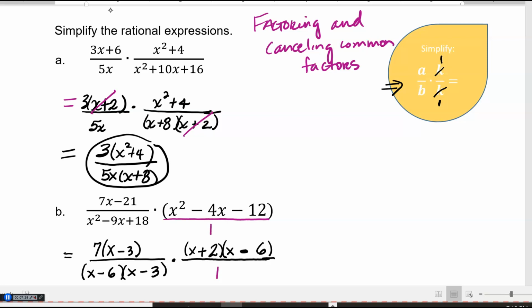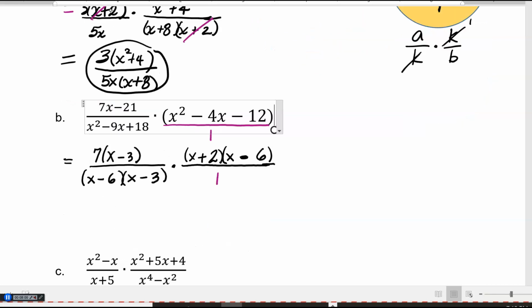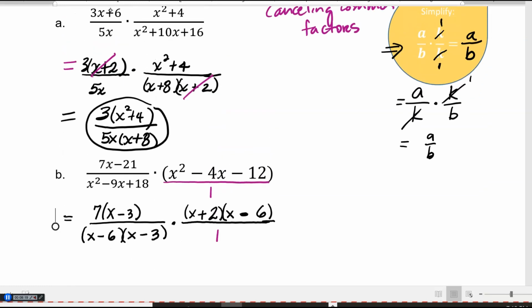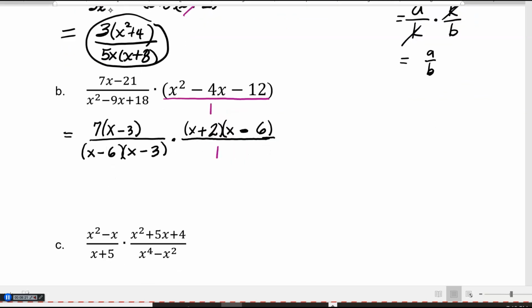K divided by k is 1. So the final answer is A over B here. It doesn't have to be A over K times K over B to cancel, because the answer would still be A over B, regardless of whether the K was diagonal or vertical.